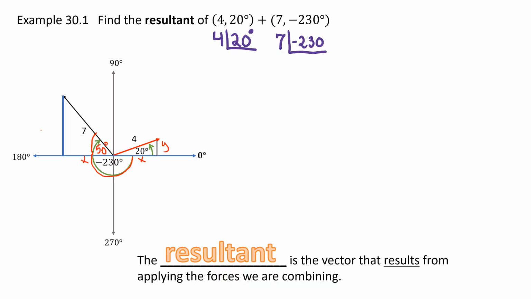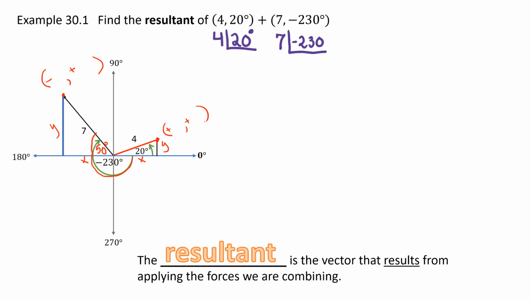The x is the horizontal leg, the y is the vertical leg. And so this point right here, remember we're in the second quadrant, so the x is going to be negative and the y is going to be positive. And for this point, that is going to have a positive and a positive because we're in the first quadrant.